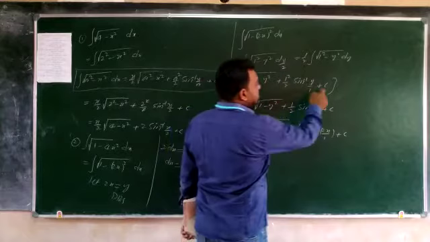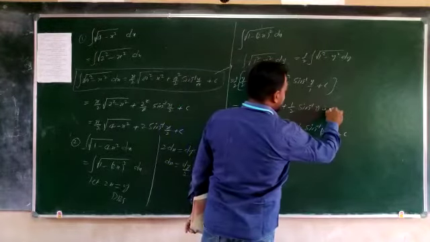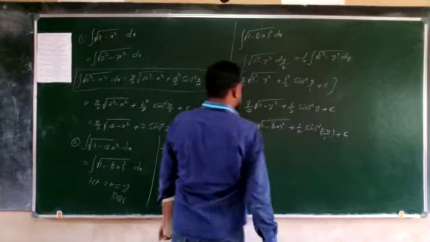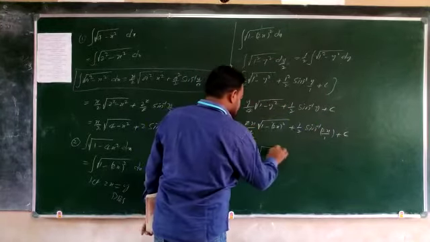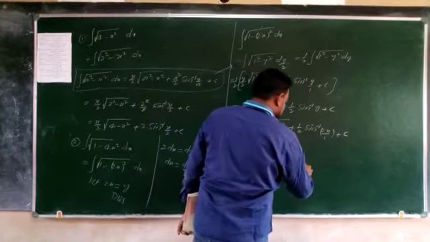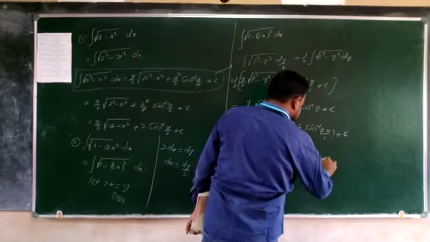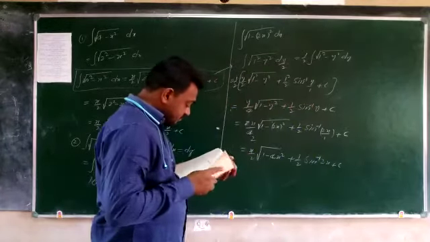Here 1 by 2 into c, the constant, is one constant, so this is capital C. The 2s get cancelled, so x by 2 under root of 1 minus 4x square plus 1 by 2 into sine inverse of 2x plus c is the solution.